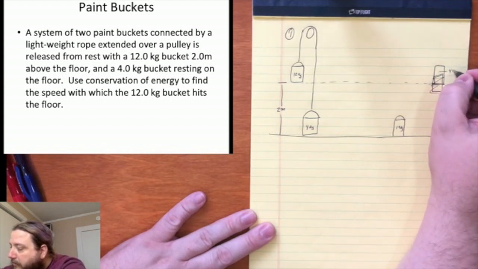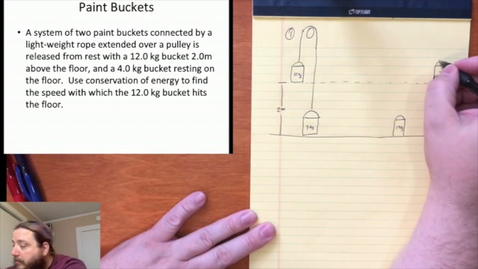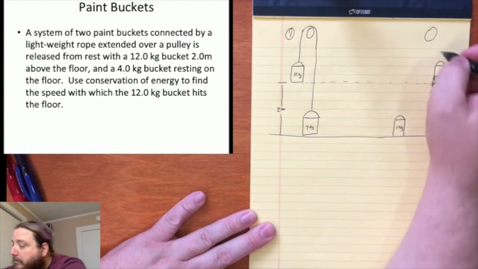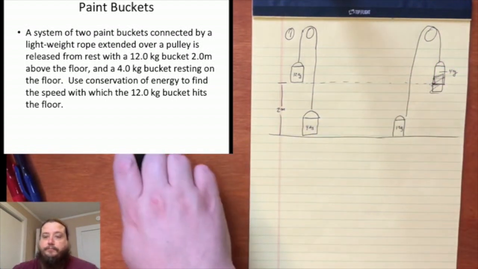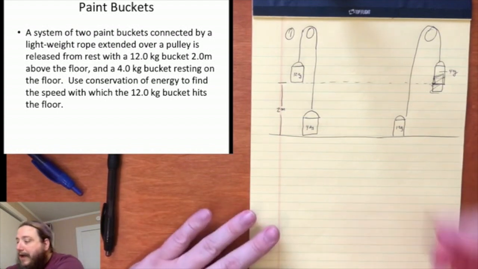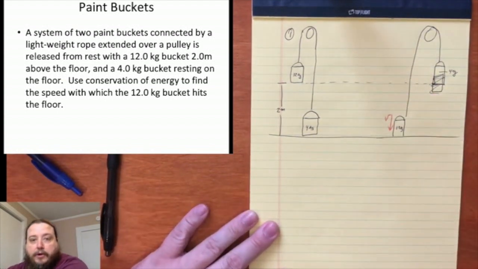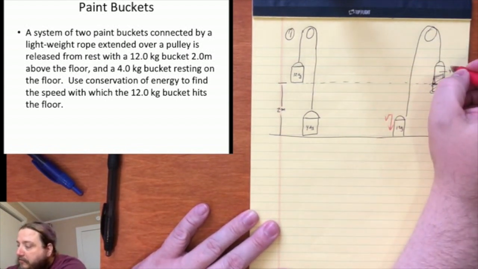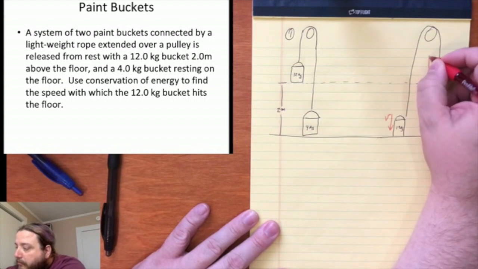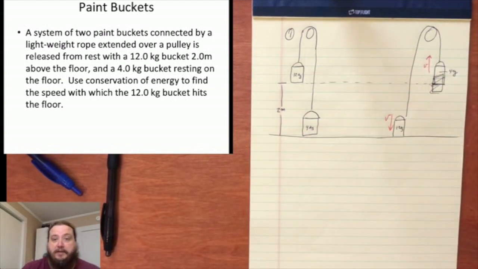This is the 4 kilogram bucket. It'll be at the same height that the 12 kilogram bucket had been. Here's our pulley. Here's our rope going around the pulley again. And now, at this moment, our 12 kilogram bucket will be moving down at some speed v, and our 4 kilogram bucket will be moving up at some speed v.